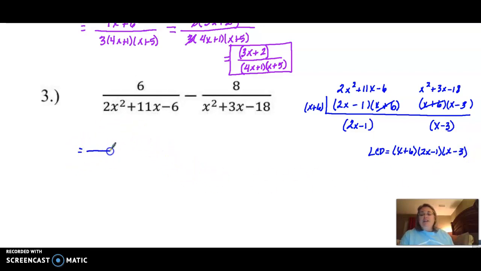I can make that for each one. x plus 6 times 2x minus 1 times x minus 3. My minus, I like to make that plus a negative, so then all I have to do is add here. x plus 6, 2x minus 1, and x minus 3.